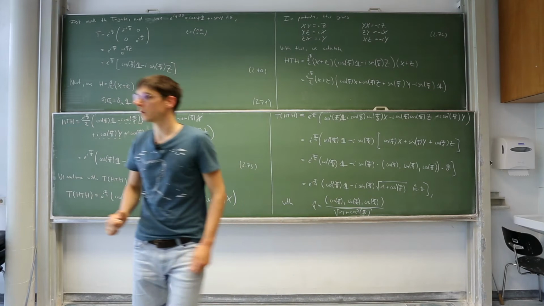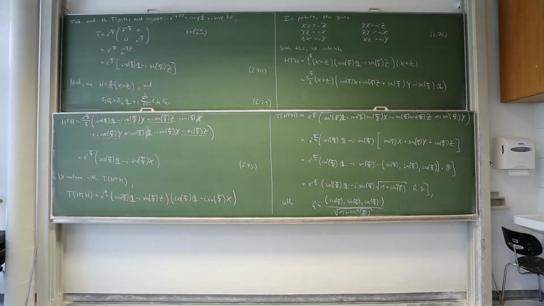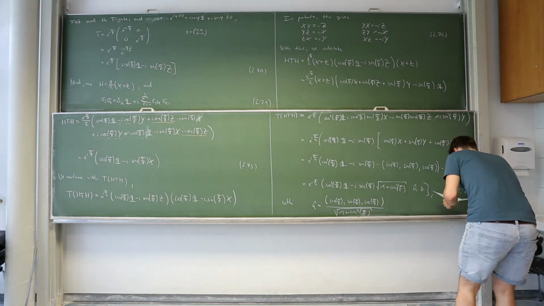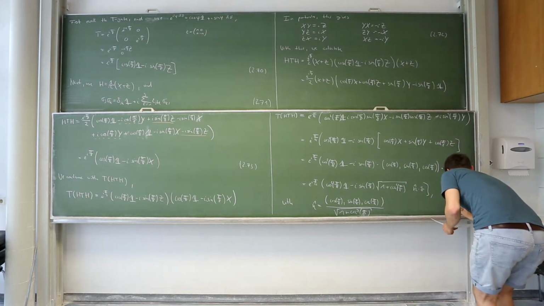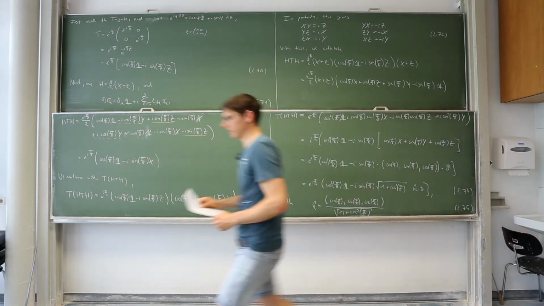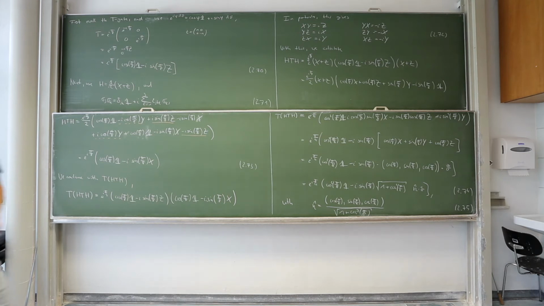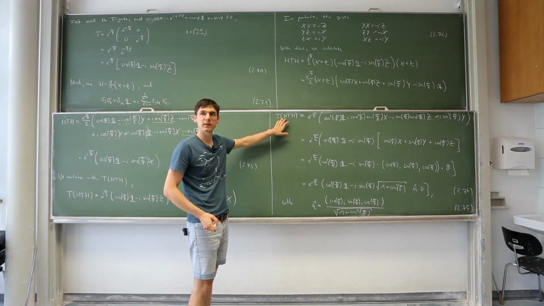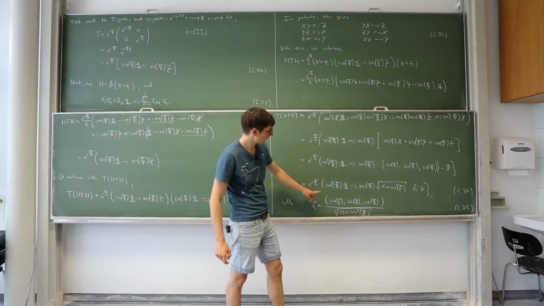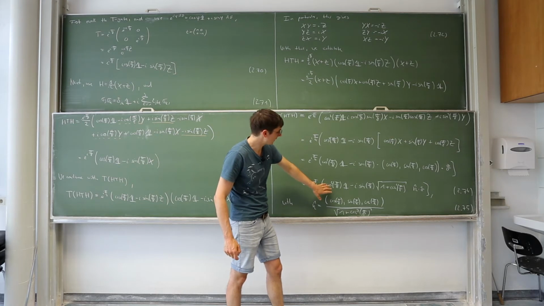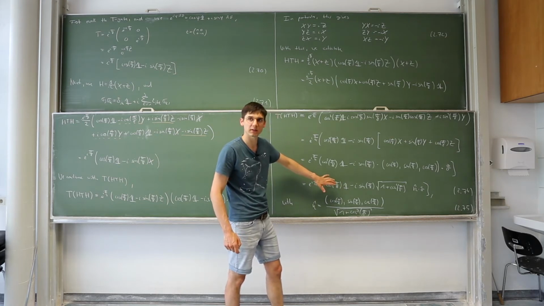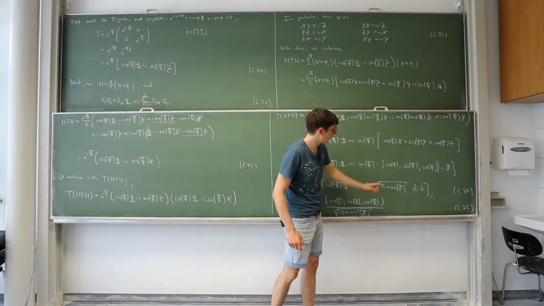Okay, so let's see, this is 2.74 and this is 2.75. So what we see now here is that this combination of Hadamard and T-gates gives us a rotation by some angle. Okay, so this has almost the form of a rotation matrix with a normalized vector n.